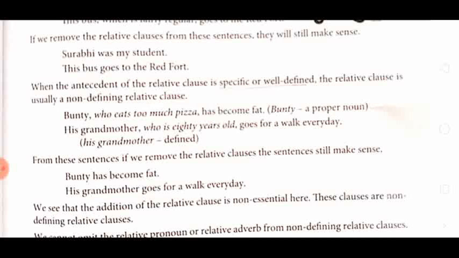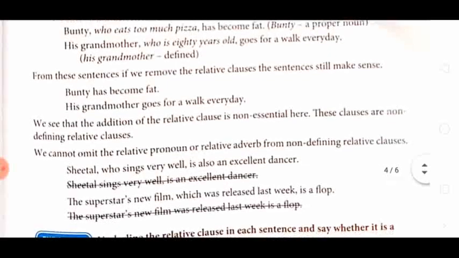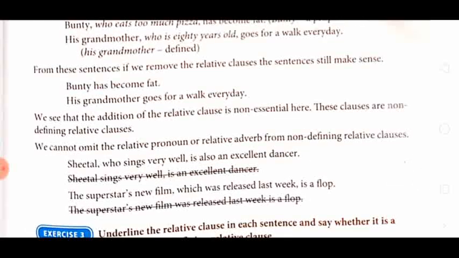Who eats too much pizza, or who is 80 years old, gives only additional information. Okay? We say that the addition of the relative clause is non-essential here, and these clauses are non-defining relative clauses. Which clause? Who eats too much pizza, or who is 80 years old.